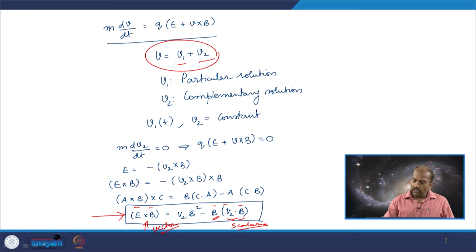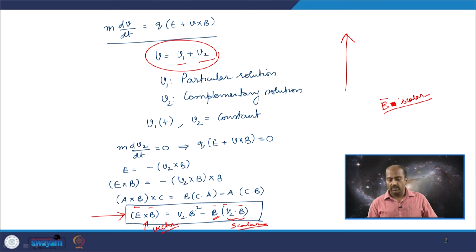Now, E cross B is in a particular direction and this B multiplied, so this is not the cross product that I am trying to write here. The scalar, its magnitude will change, but its direction will not change.